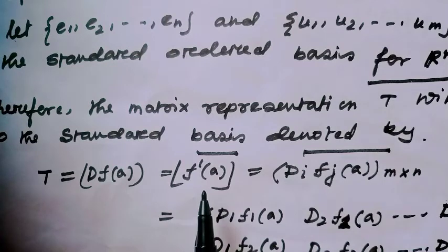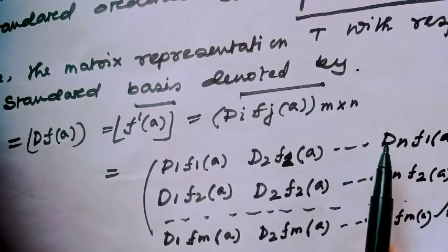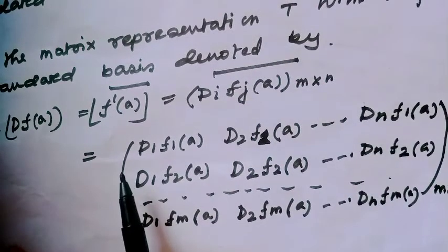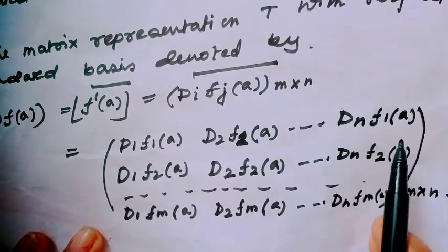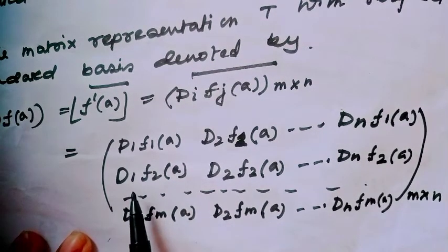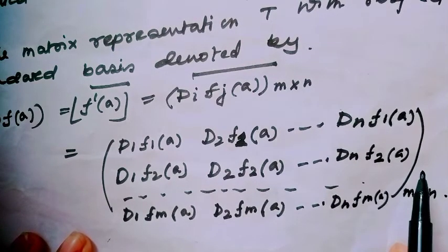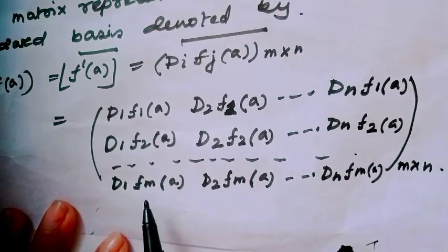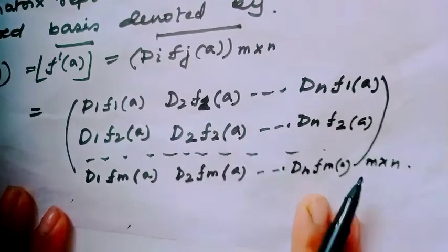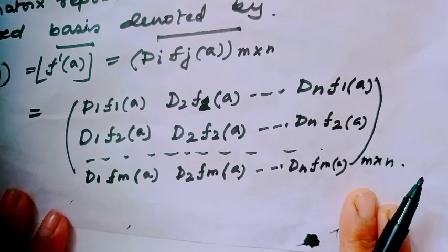denoted by T equal to df(a), which is equal to f prime(a), and which is also equal to the matrix of D_j f_i(a), which is actually an m cross n matrix. The first row is D1 f1(a), D2 f1(a), ..., Dn f1(a), and the second row of the matrix is D1 f2(a), D2 f2(a) up to Dn f2(a), and the mth row of the matrix will be D1 fm(a), D2 fm(a) up to Dn fm(a), which is a matrix of m cross n order.